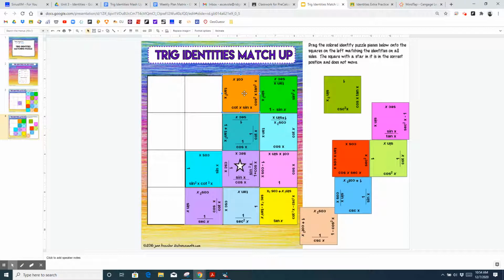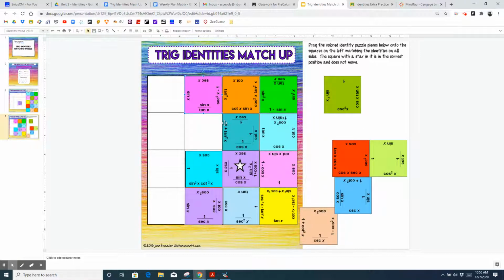And then if we look at the orange one and the blue one below it, cotangent times sine would equal cosine, and so would 1 over secant. All right, so those match up nicely. Now I see this tangent squared, so I'm looking for something else squared, and I see secant squared minus 1, so we'll place that there. And then I see sine of x over tangent of x.